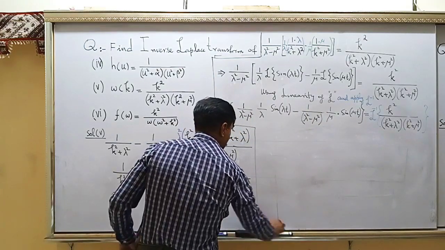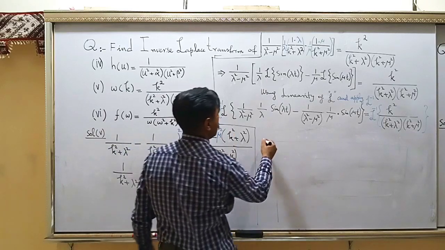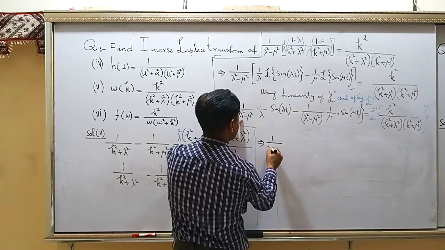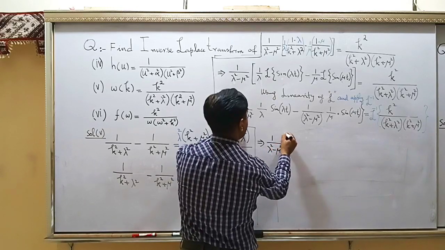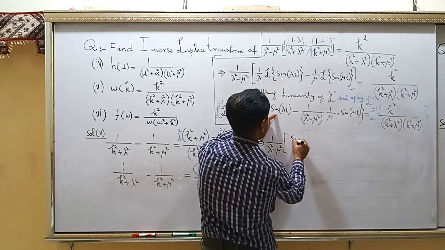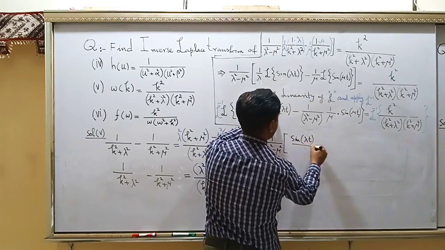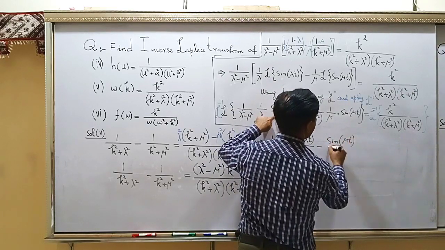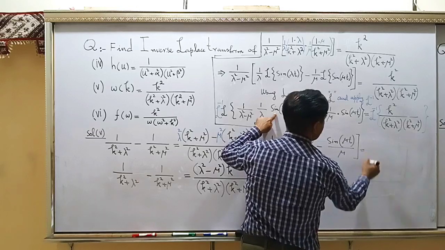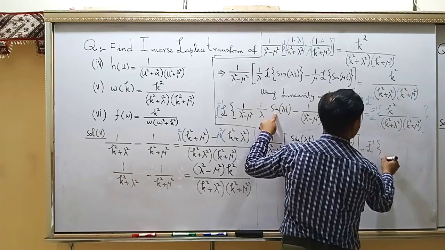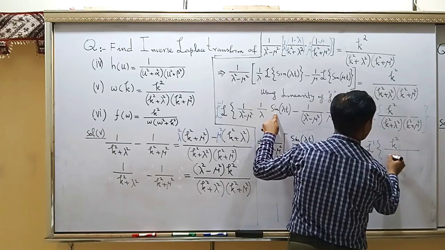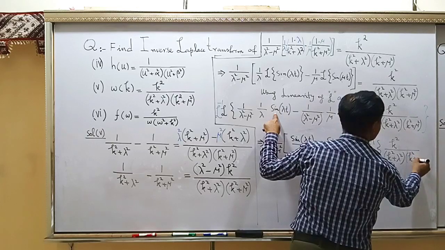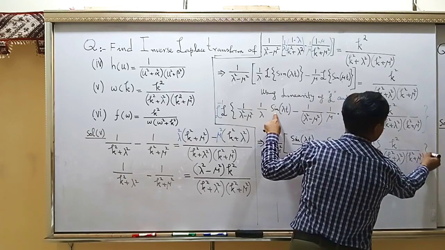Okay. And in the next step, this cancels, and you take this constant common, 1 over lambda square minus mu square, and within the bracket you have sine lambda t over lambda minus sine mu t over mu, and it is the inverse Laplace transform of the function k square over k square plus lambda square into k square plus mu square.